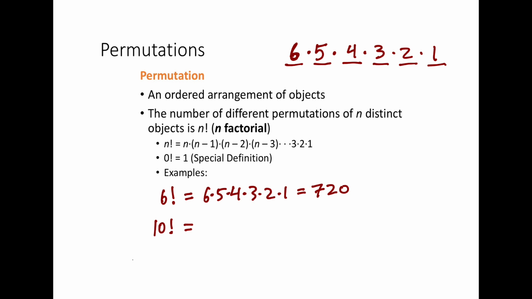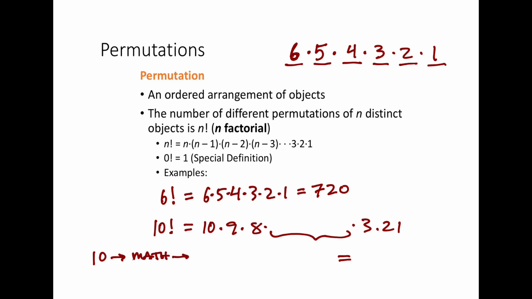10 factorial, for example, would be 10, 9, 8, and we'll just keep on going with that, 3, 2, 1, right? This is something we can actually do on our calculator. If you type in 10, and then press the math button, and then go to PRB, which is along the top there. So you hit the right arrow to probability, PRB, and then choice number 4 is the exclamation point.